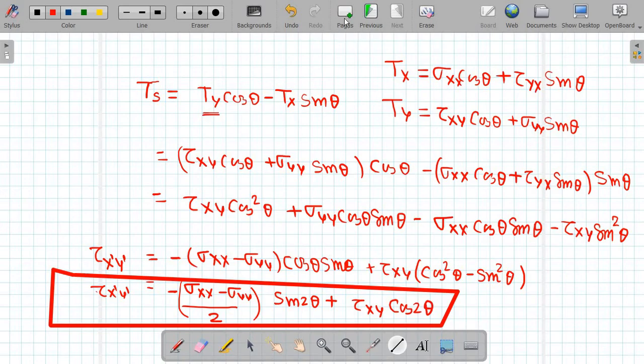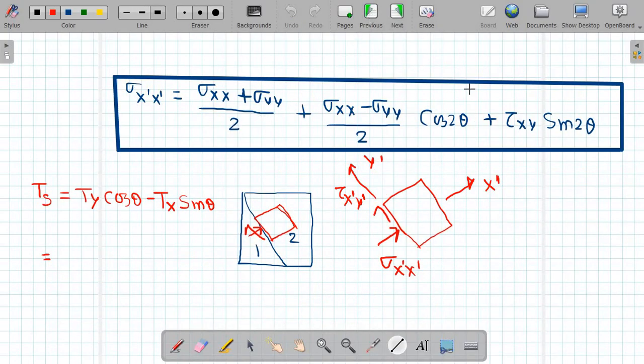Right. So, if you look at both the expressions, this is for shear, this is for normal. Now, if you look closely, then you can find that this may be an expression of a circle.